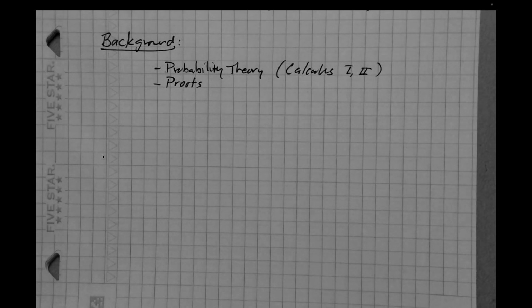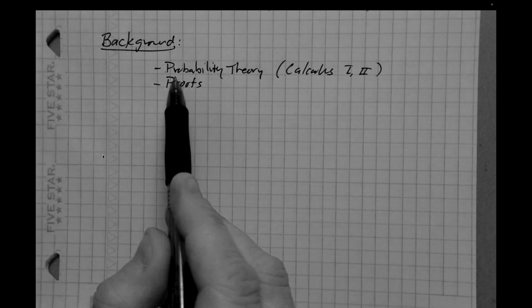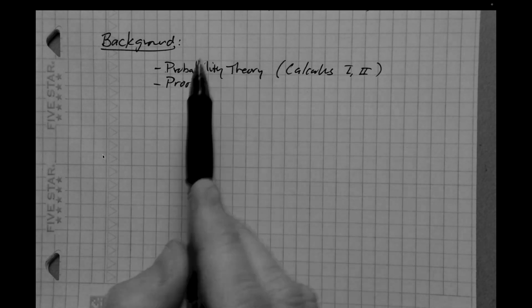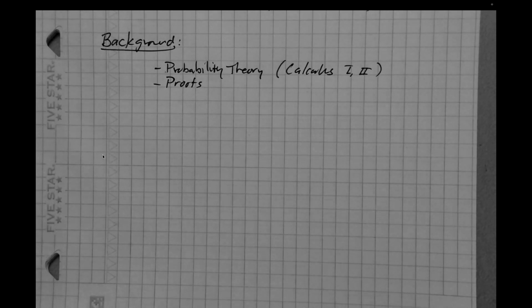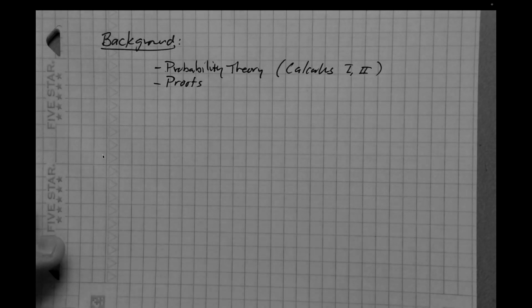I want to make sure that we're proving the things that we're saying, and that there's good grounding for the theorems we're introducing. Those are the main background requirements. There's a lot of background encapsulated by probability theory, mainly the calculus sequence, but implicit in that is that you're good at algebra as well.